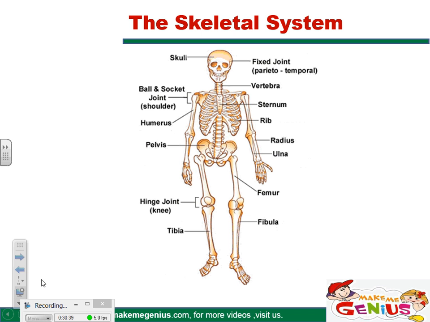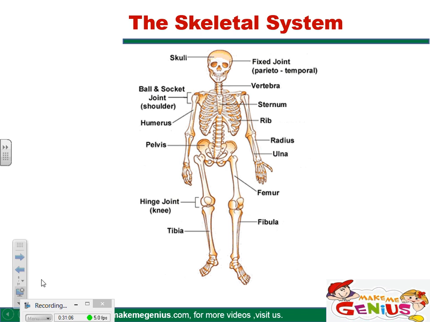You have your ball and socket, which helps you move your shoulders like this, especially when you're dancing. Your vertebrae, that's the bone that goes down your back to protect your spine. Christopher, sit down. We have to stop the outbursts and listen.